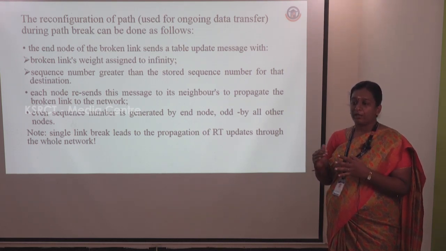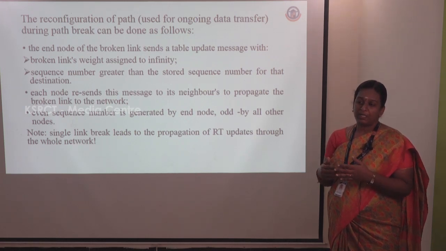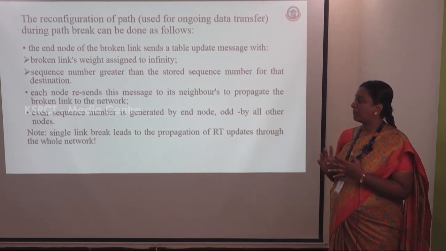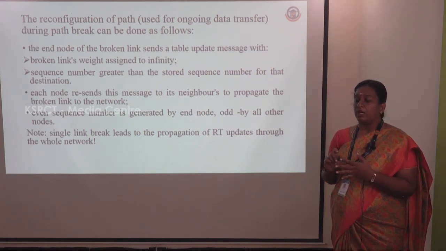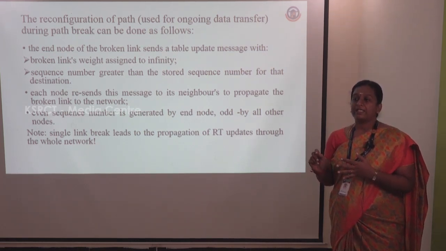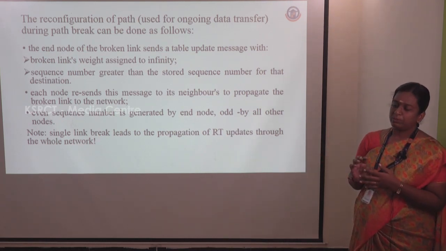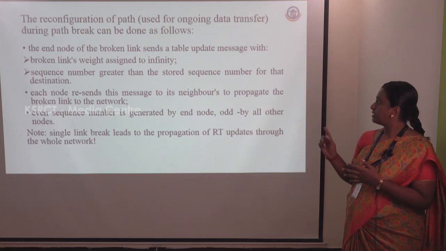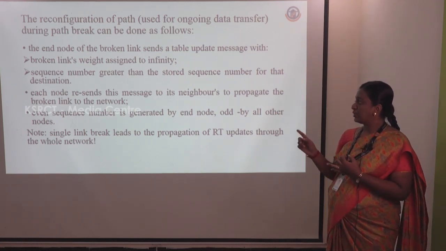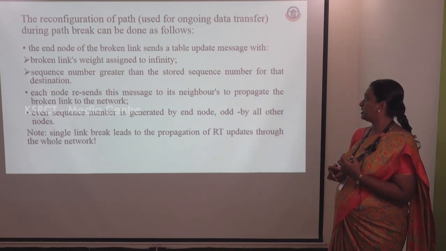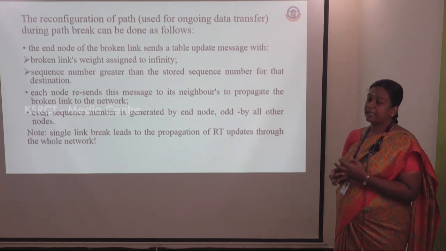The topology will change and there will be a path between X and Z only. So the Y node should send the route update message to the X node with the following parameters. The weight for the particular Y node should be indicated as infinity. Then we indicate a sequence number which is greater than the stored sequence number, and next, each node resends this message to its neighbors to propagate the broken link in the network.